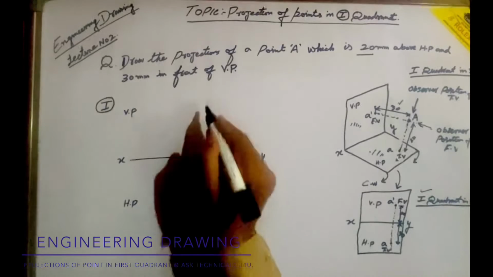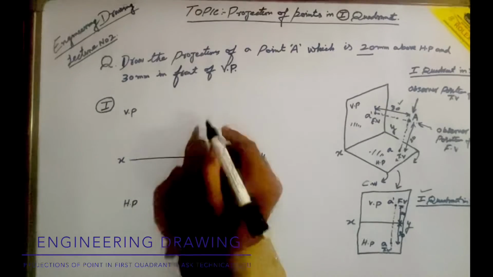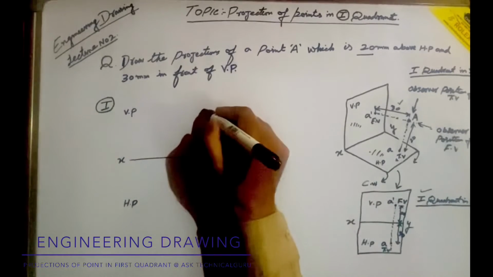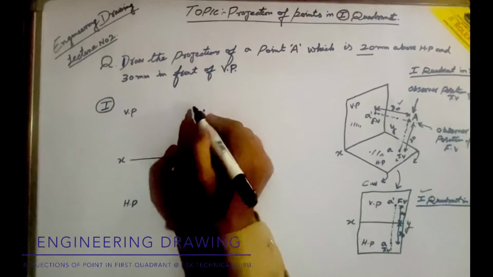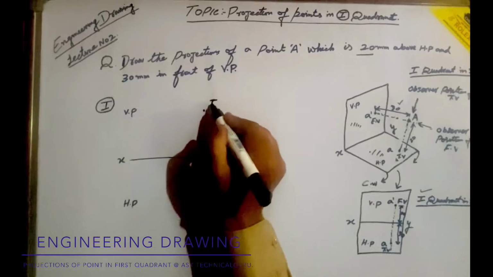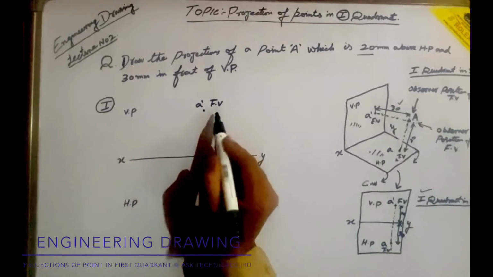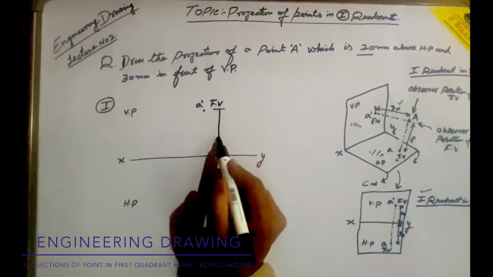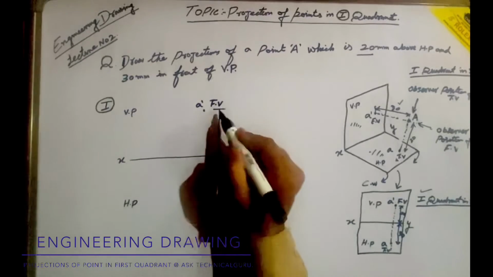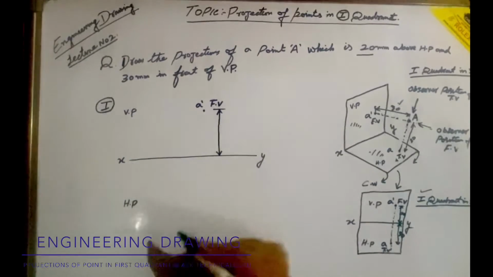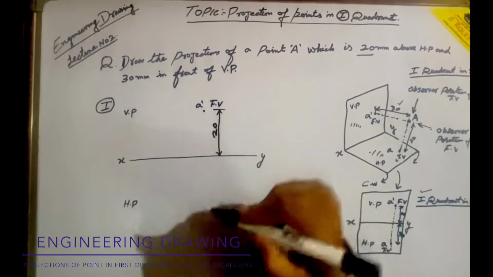In case of front view, we have to measure 20 mm, that is this point, and this will be the front view, denoted by A dash, and that distance is 20 mm, okay.